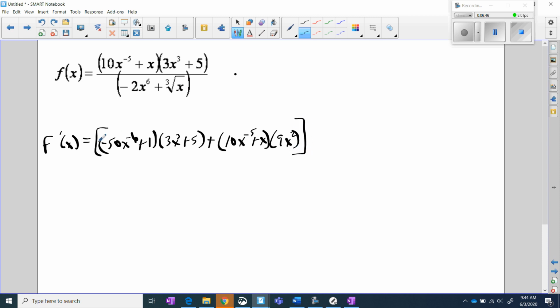So all of this is the derivative of the numerator. Notice I put a big square bracket around it, so I group that. There's the derivative of the numerator. Multiply that by the denominator. Instead of cube root x, I'm just going to write it as x to the 1/3. Same thing. Subtract the numerator.